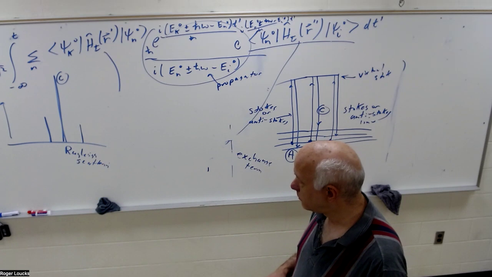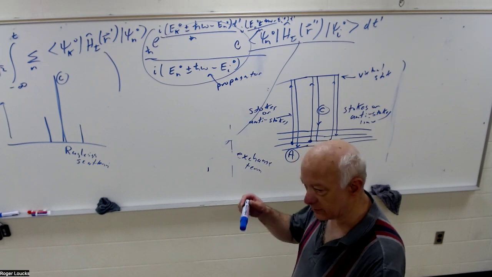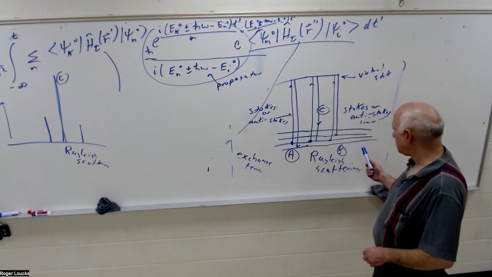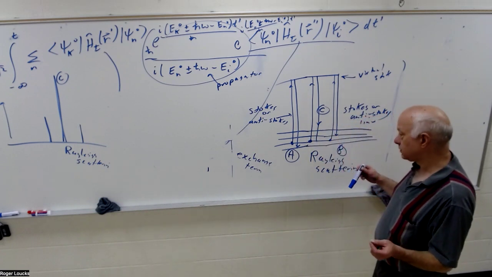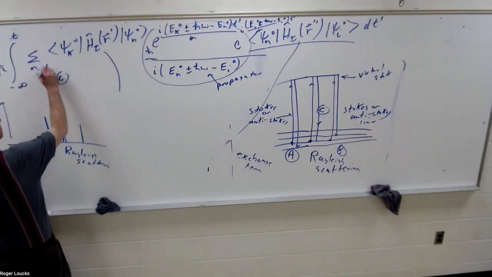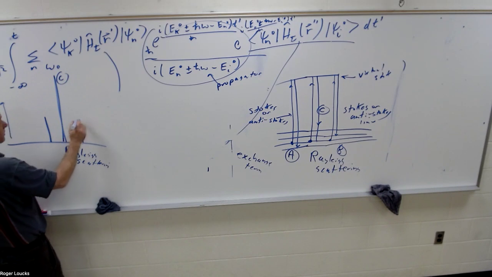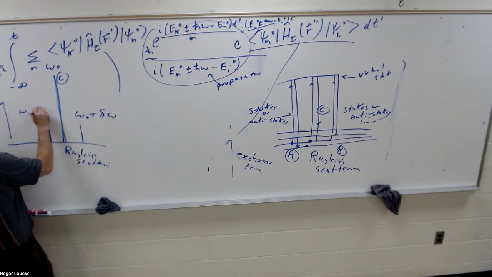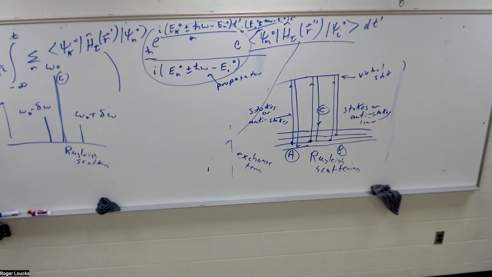Well, I'm just trying to think about the height of these. If this is some omega naught, then this would be omega naught plus some delta omega, and this would be omega naught minus. Which one is which?